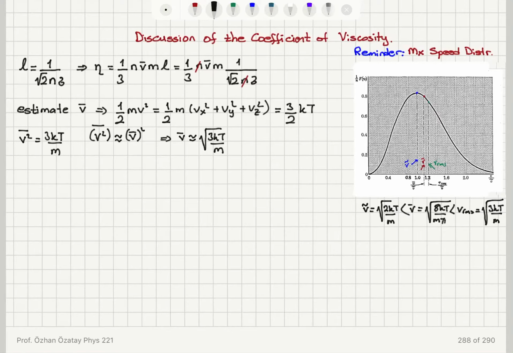Substituting these values, we obtain for the coefficient of viscosity 1 over 3 square root 2. For v bar, I substitute square root 3kT over m, and then we have a factor of m divided by sigma.